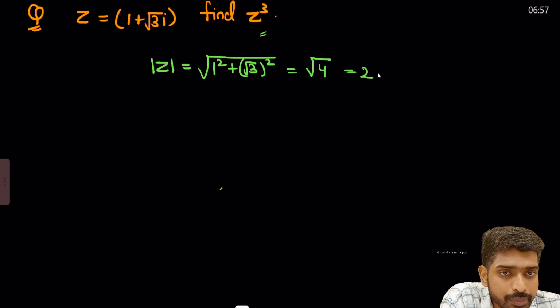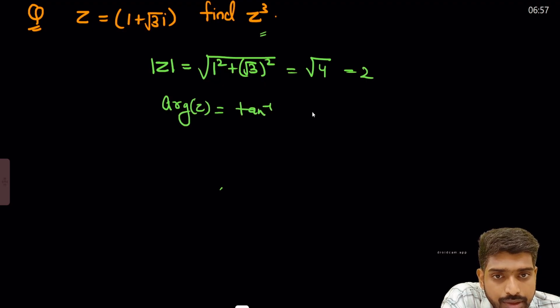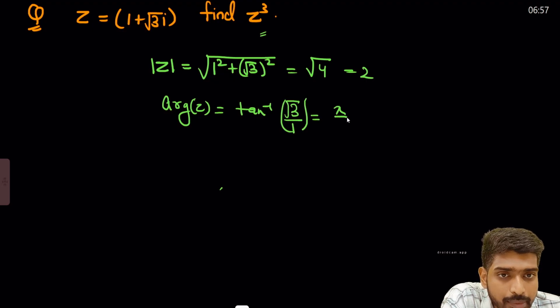Now next, what is the argument of this complex number? The argument, if we calculate, will be tan inverse of root 3 by 1, right? Which is pi by 3, 60 degrees, right?